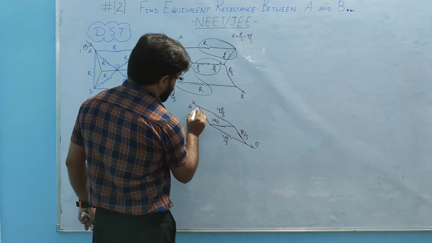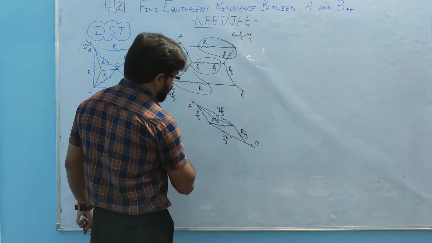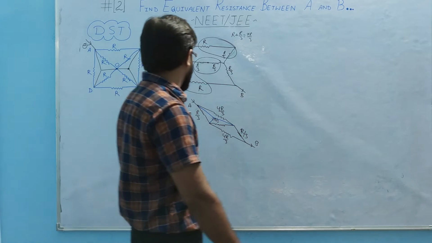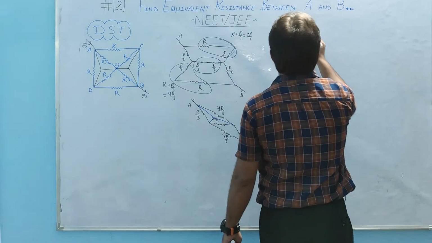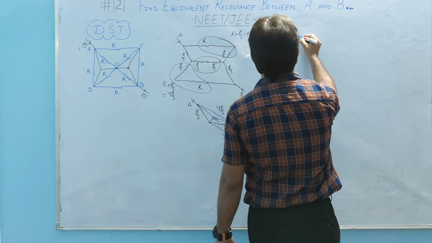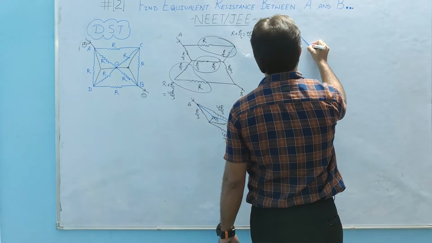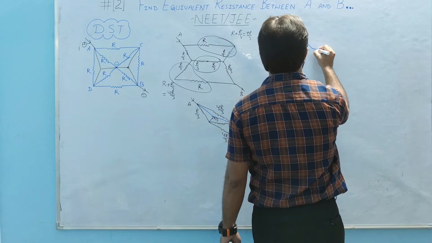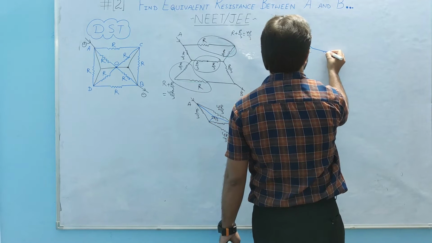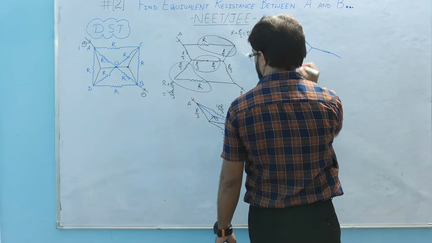Then apply. Now this is the delta, this is the star. So it would look like this. Star delta is always a time-taking process. I am making it a little wider.